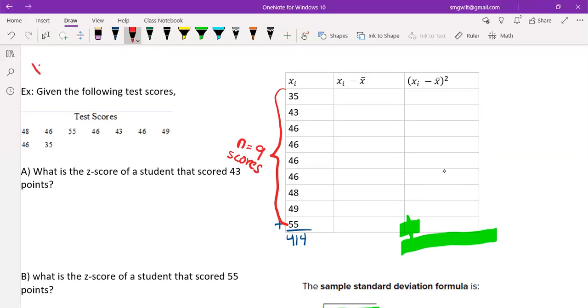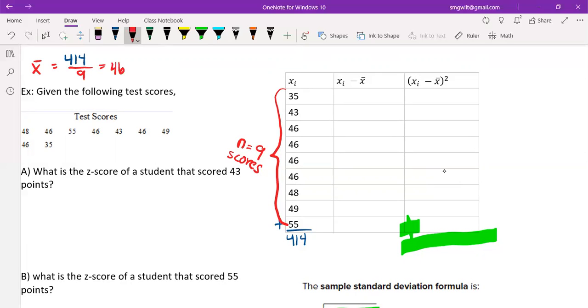The mean is going to be that 414 divided by 9. That gives me the mean of the data set, which I got as 46. That means that 46 is the average of these scores.